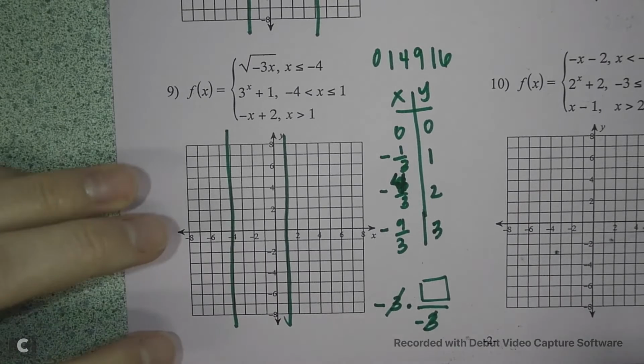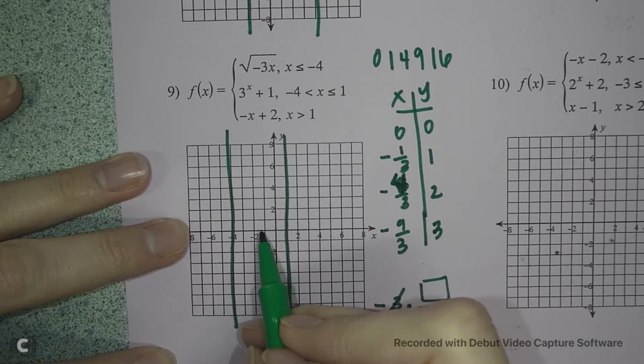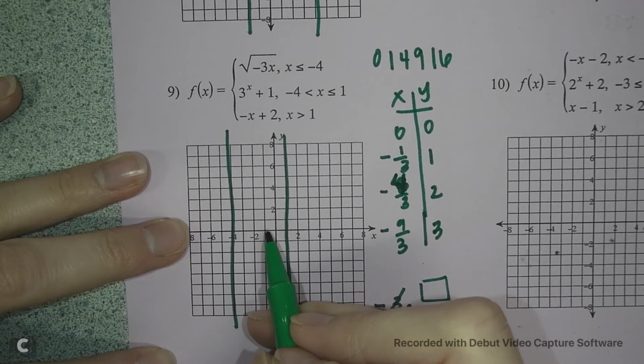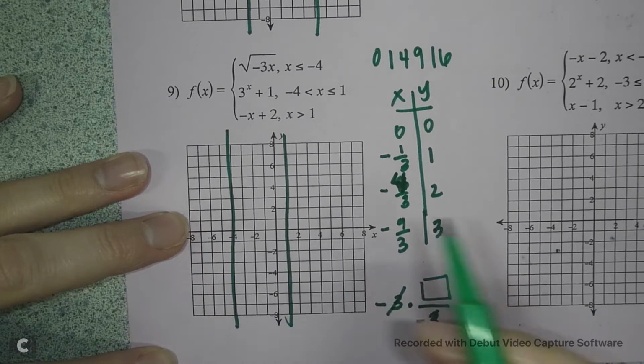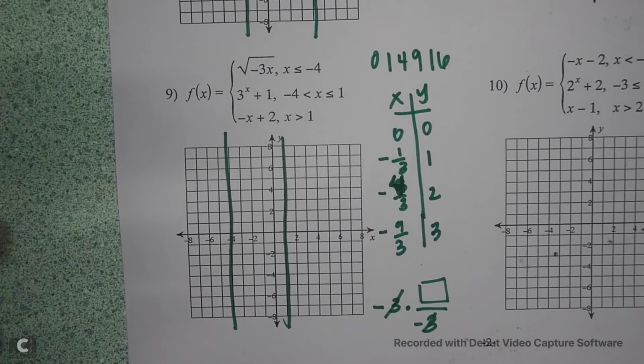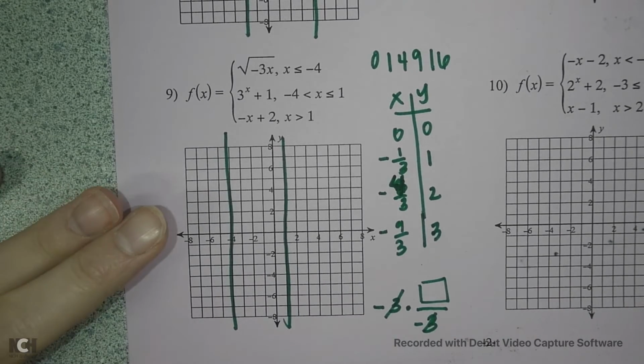Okay, anyways, now we have a dot at 0, 0, and then -1/3, 1. Okay, -4 thirds, which is -1.3. That's not going to help us. -9 divided by 3 is 3. Nope, that's still not going to help us.